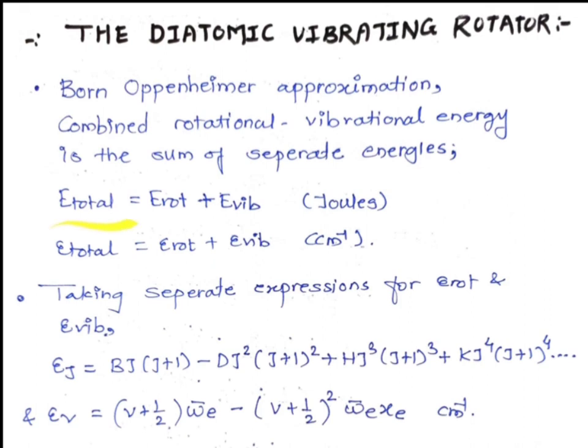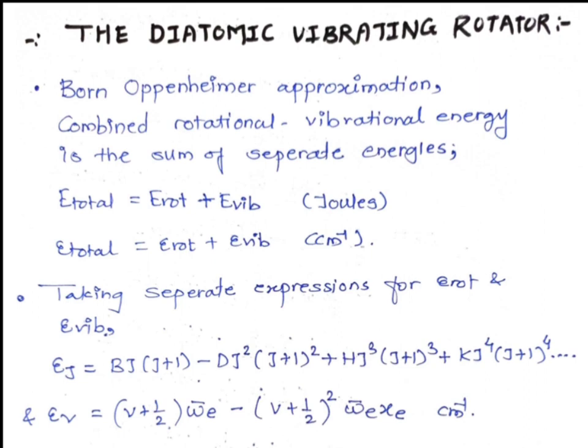So total energy E is equal to E rotational plus E vibrational, and that capital E is the energy in joules. And we have to find the energy in per centimeter. So I have written that equation for small e, the energy in terms of the wave number. So small e total is equal to E rotational plus E vibrational, and that energy's unit is per centimeter.